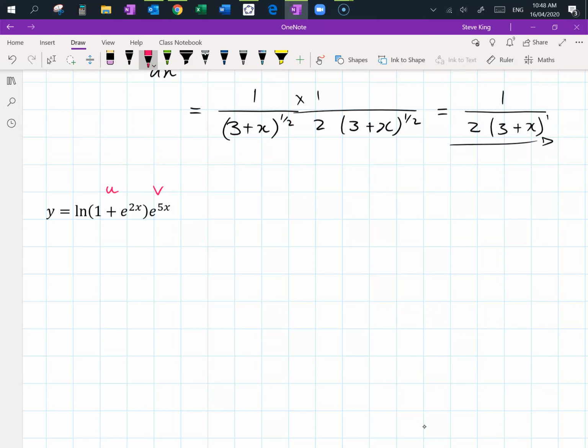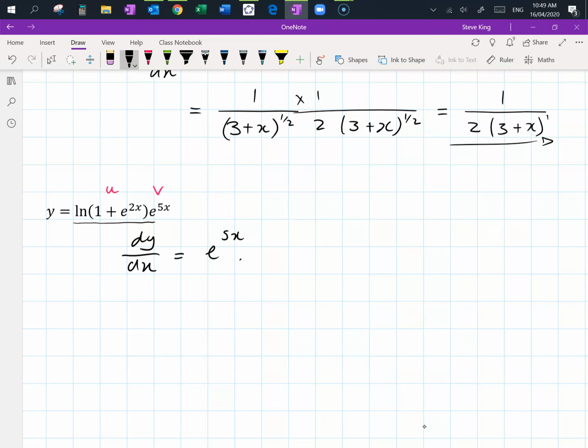So if I want to look at dy dx, I know it's going to be v, so in other words e to the 5x, multiplied by the derivative of u.